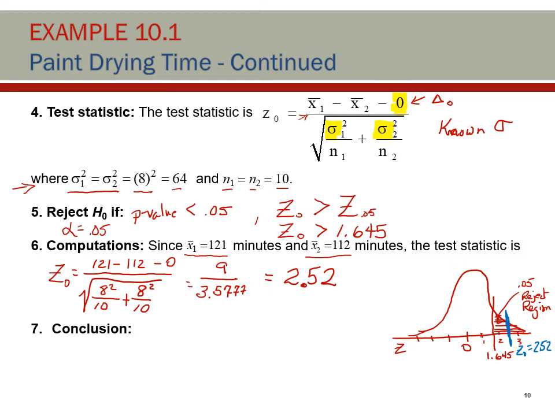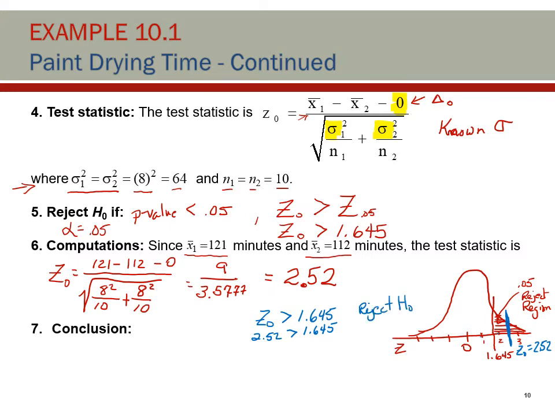So we are going to know that when we look at our conclusion, Z naught is greater than 1.645. So we see 2.52 is greater than 1.645. So we will reject H naught.